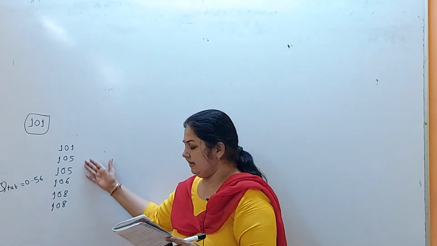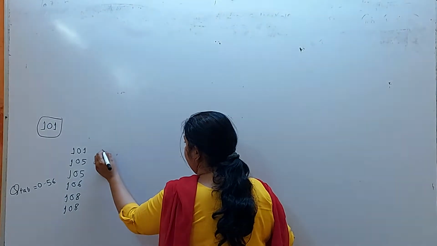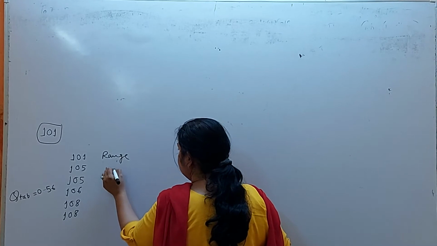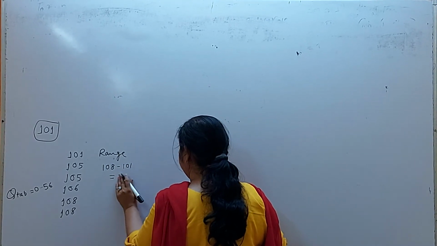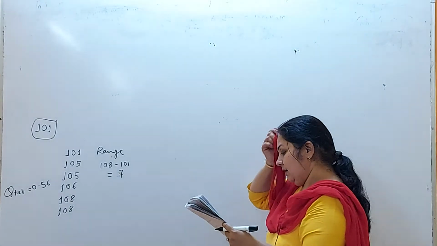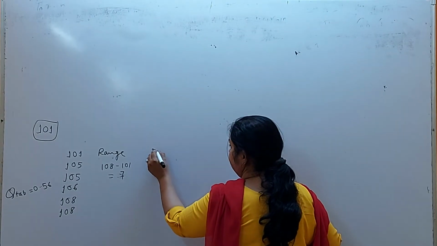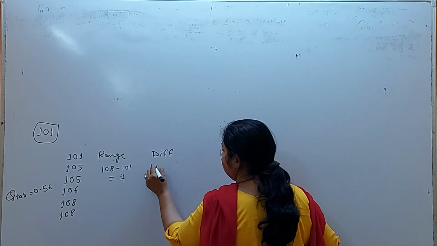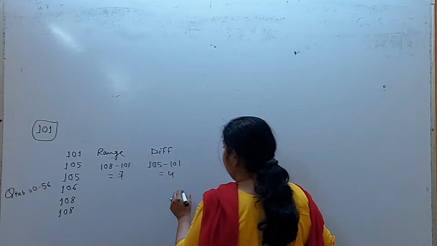On the basis of the Q test first, we have already arranged this in ascending order. Now we find the range: 108 minus 101, so it will be 7. Then the difference between the nearest neighbor and the doubtful observation: the nearest neighbor is 105, so 105 minus 101 comes out to be 4.